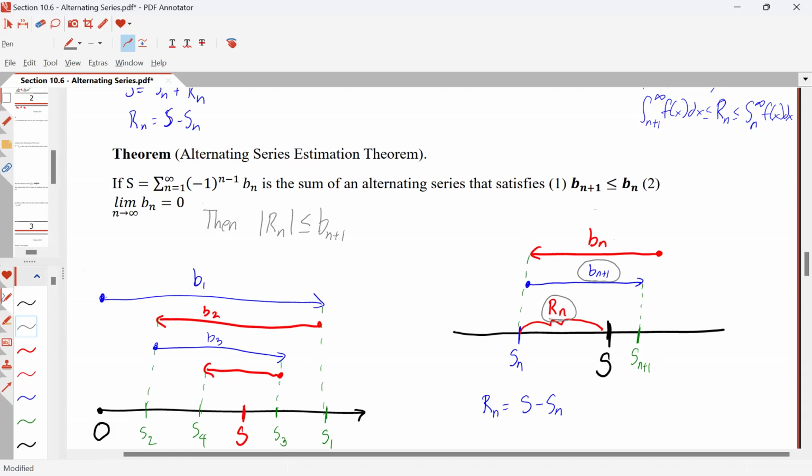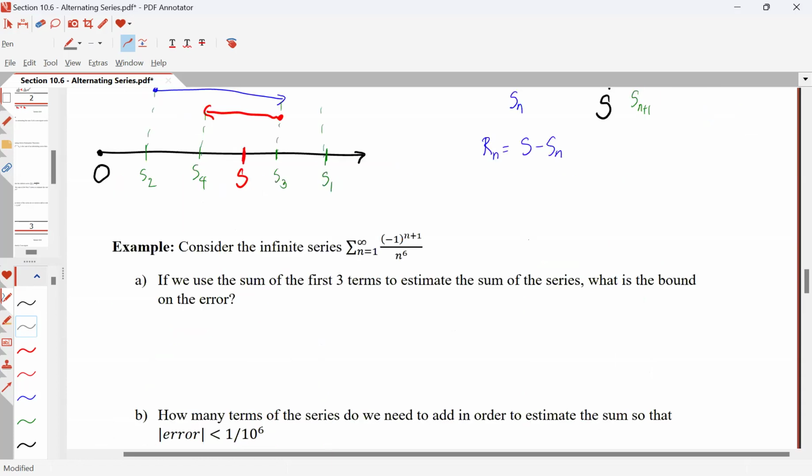So actually using this, consider the infinite series the sum of negative 1 to the n plus 1 all over n to the 6th. If we use the sum of the first 3 terms to estimate the sum of this series, what is the bound on the error? This is saying I am taking the first 3 terms together, s sub 3.